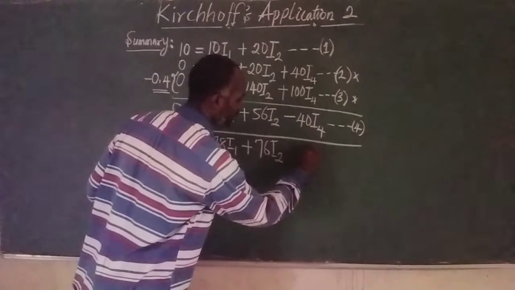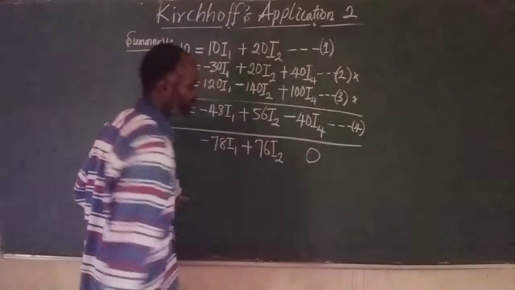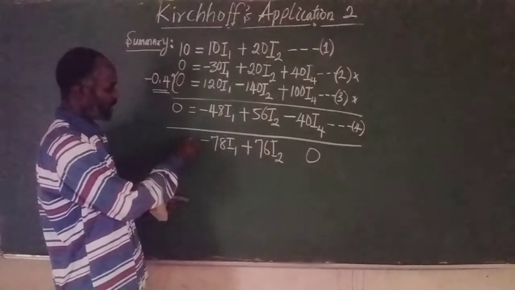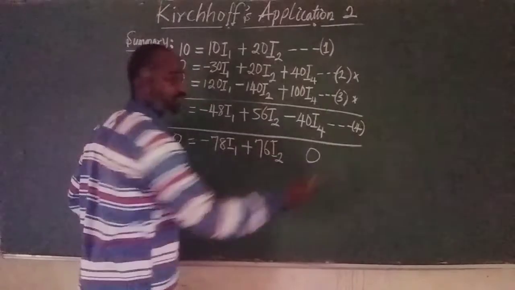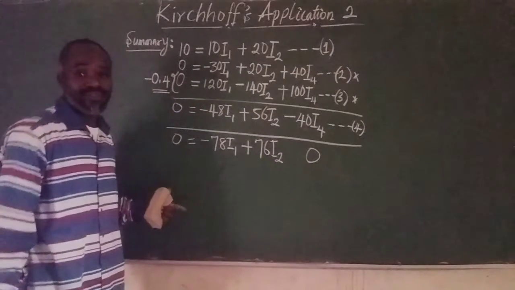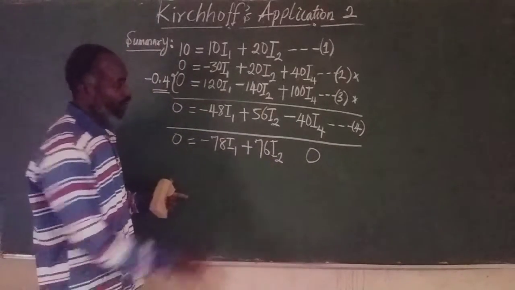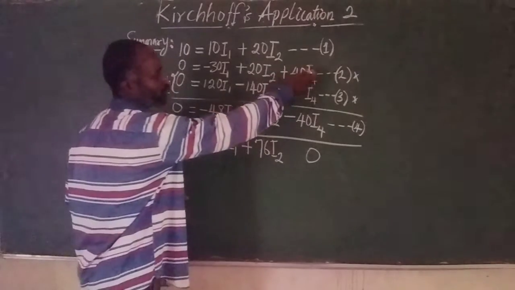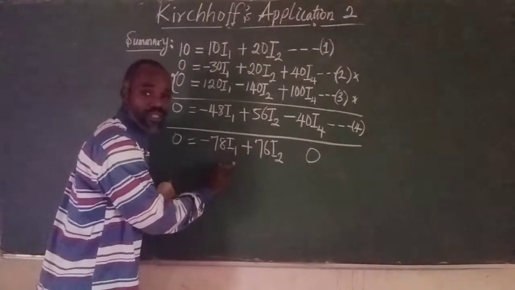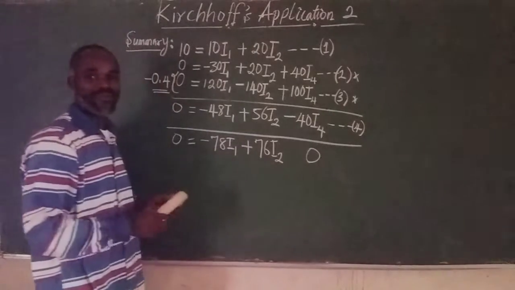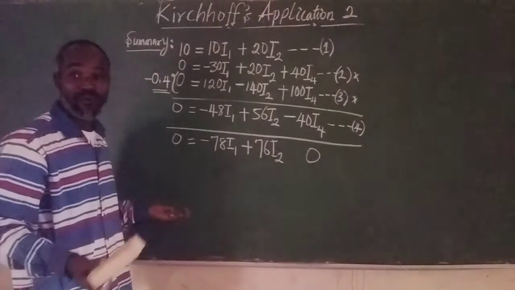Completely everything here is going to be 0, and remember it is equal to 0 at this point. So we don't have anything left here. We have succeeded in reducing equation 2 and equation 4 to just two terms, current 1 and current 2.